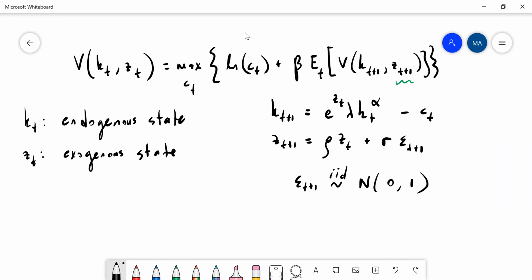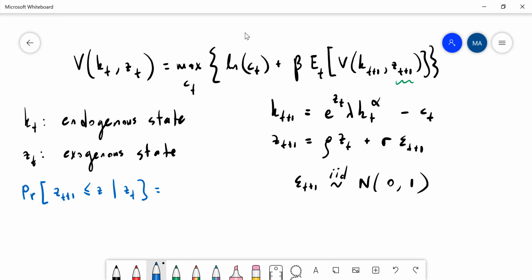Oh, by the way, of course, you realize this expectation is now conditional on information you have at T. So in principle, you have this probability of ZT plus 1 less than some Z conditional on ZT.